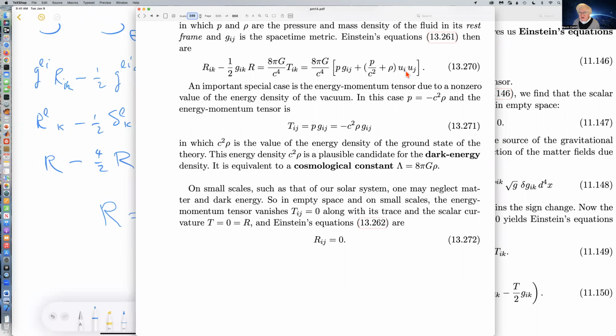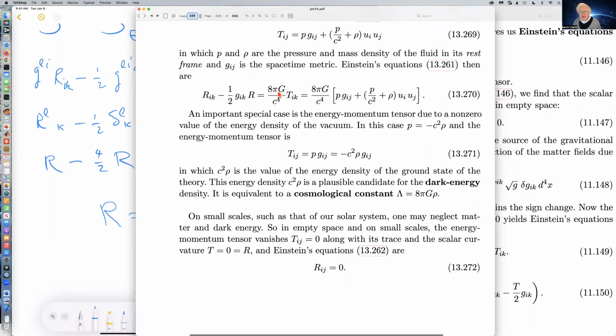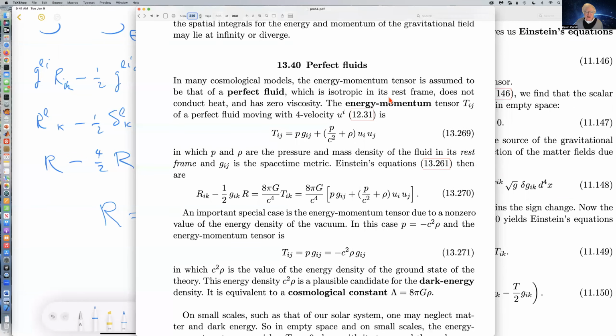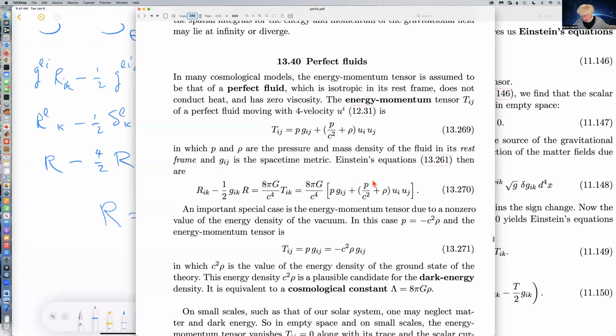So one imagines that matter is a perfect fluid. A perfect fluid is something that, if you're in its rest frame, is isotropic, doesn't conduct heat, and is not viscous at all. So it's just things moving past each other in the night, like stars that are far apart from each other.